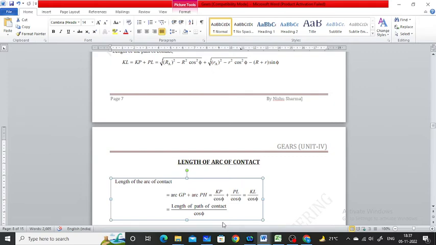In this diagram, the arc of contact is EPF or GPH, and it is also divided into two parts. The first is the arc of approach and the other is the arc of recess. Just as we saw in the length of the path of contact, it is the same here. So what is the formula for the arc of contact? The formula is the length of the path of contact upon cos phi. So arc of approach upon cos phi plus arc of recess upon cos phi, that is, the path of contact KL upon cos phi. Okay, it is the length of the arc of contact.